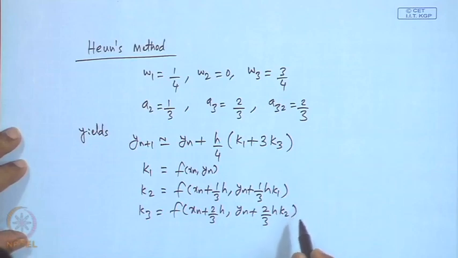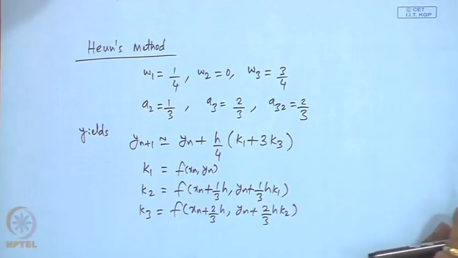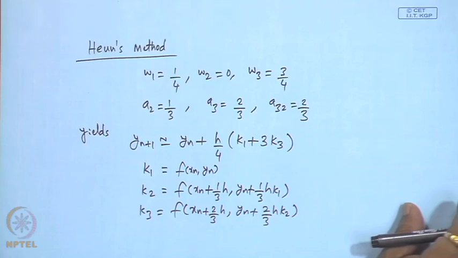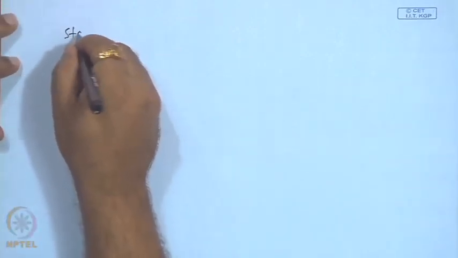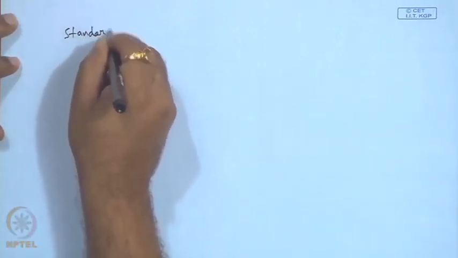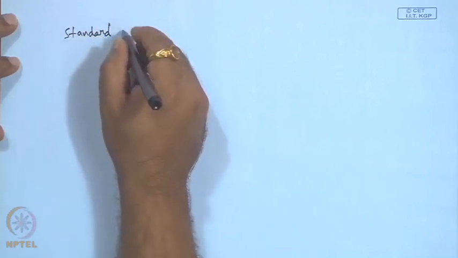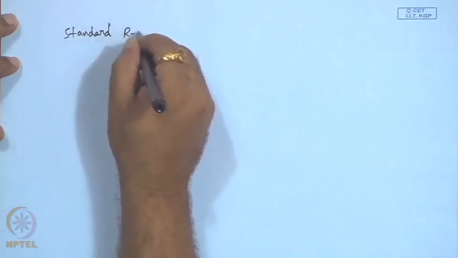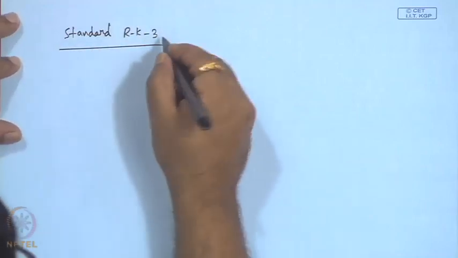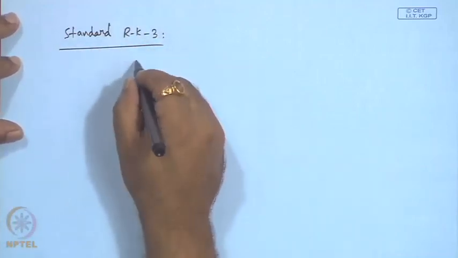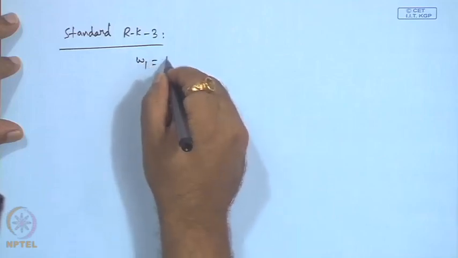So, now we have another choice as well. Okay. That is more standard. In short notation I am writing K1, K2 or K3. So, for this what is the choice?